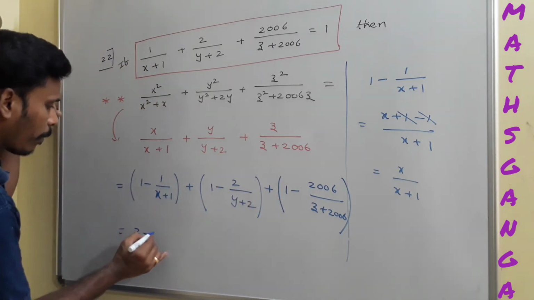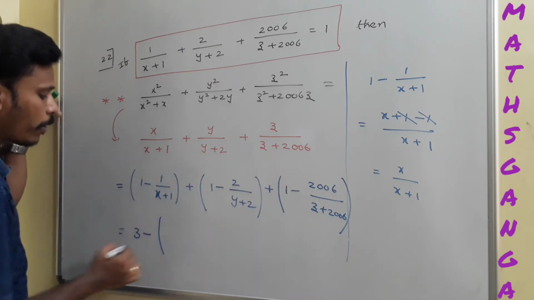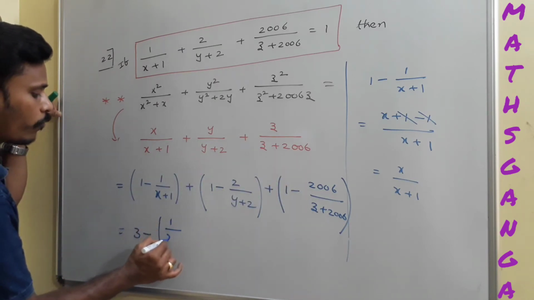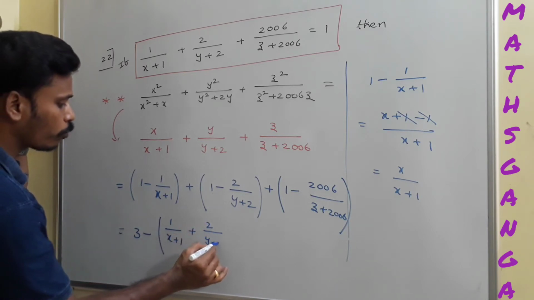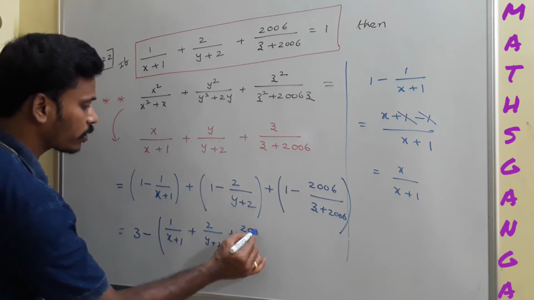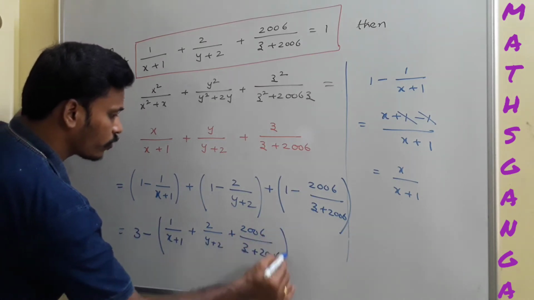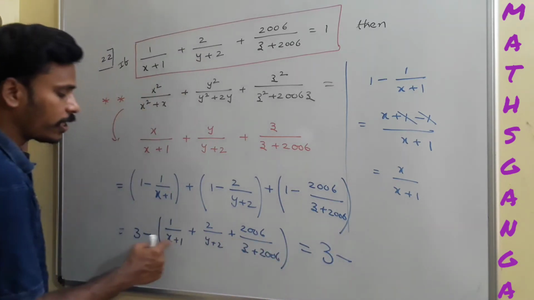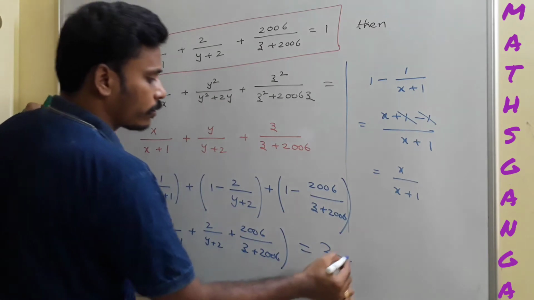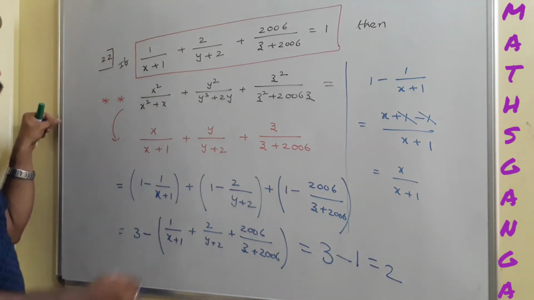So 3 minus, three terms are there with a minus sign, so you just common out that minus: minus of 1 by x plus 1 plus 2 by y plus 2 plus 2006 divided by z plus 2006. And at the end this is equal to 3 minus this bracket value, which is given as 1. So that is equal to 2. At the end your answer for this problem is 2.